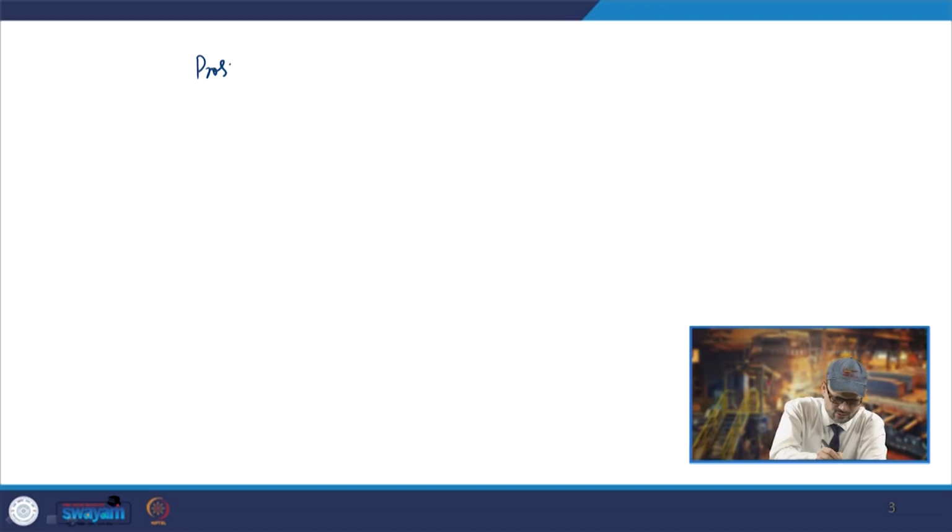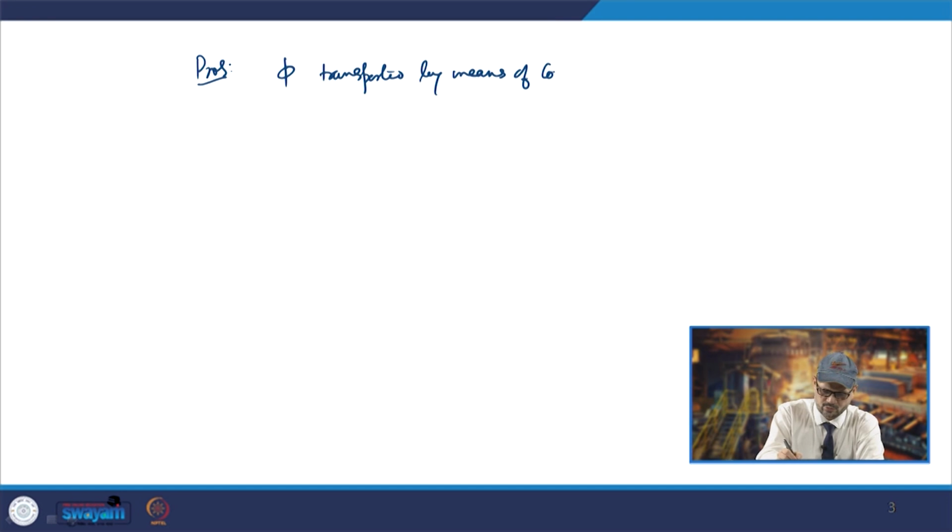So, we will talk about a problem. In this problem we have a property phi that is transported by means of convection and diffusion, for a one dimensional case.